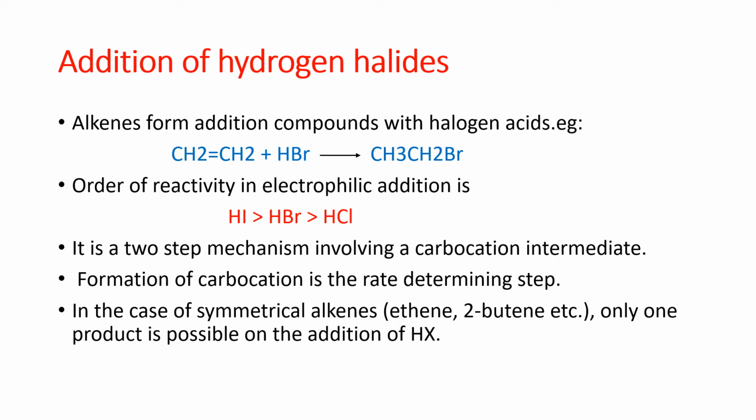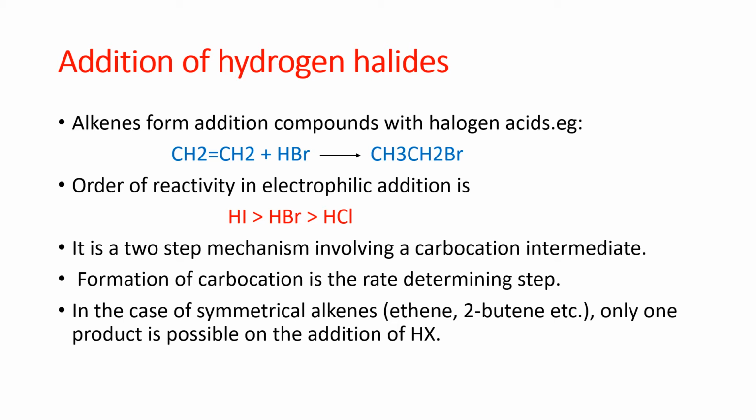And the order of reactivity in electrophilic addition is HI, then HBr, and least reactive is HCl. And this is also a two-step mechanism involving a carbocation intermediate, and the formation of carbocation is the rate determining step.